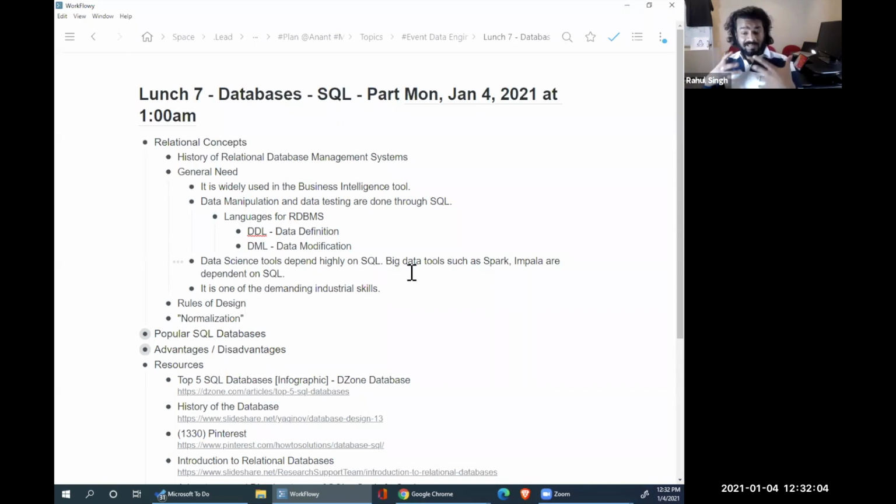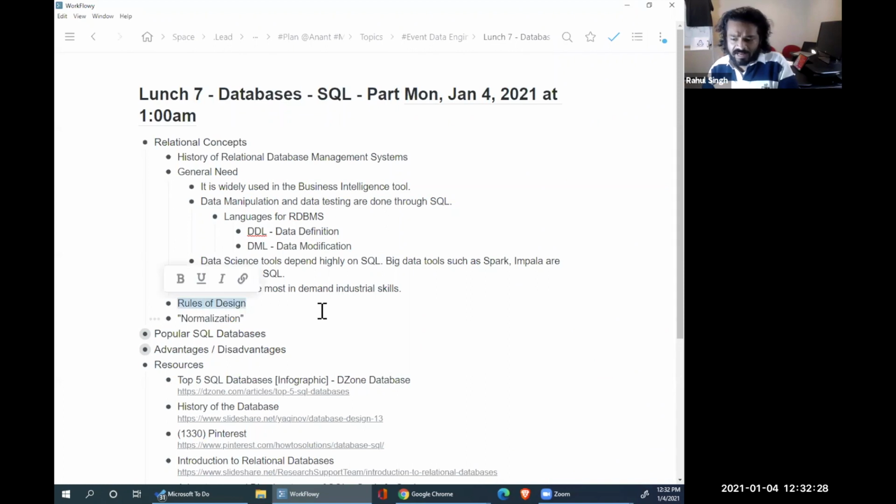It represents that data as a data frame, and you can do SQL between data frames backed by different data stores. So I would just say it's one of the most in-demand industrial skills that you can have.